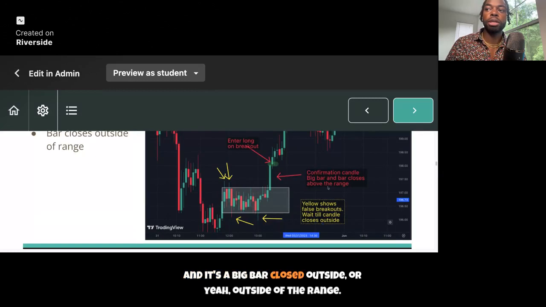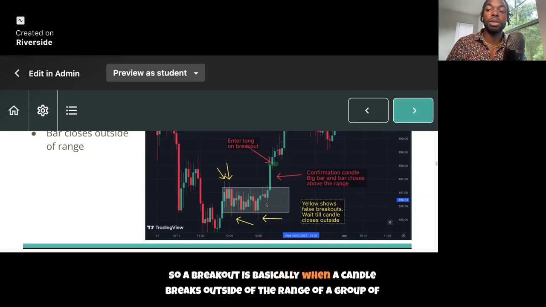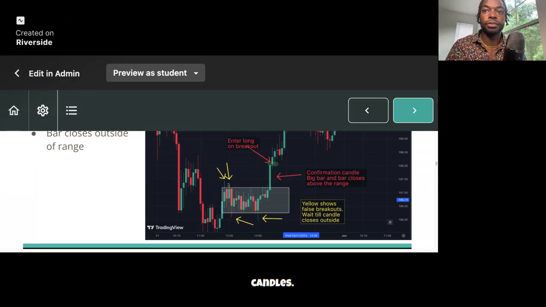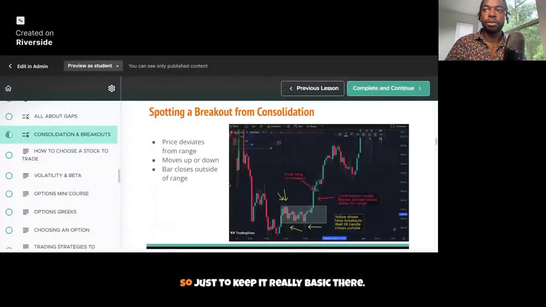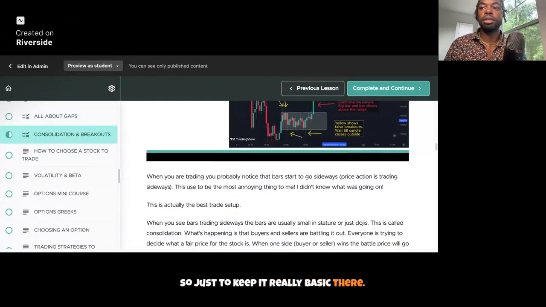And it's a big bar, it closes outside of the range, and then you can continue in the direction that the breakout occurred. So a breakout is basically when a candle breaks outside of the range of a group of candles. Okay, so just to keep it really basic there.